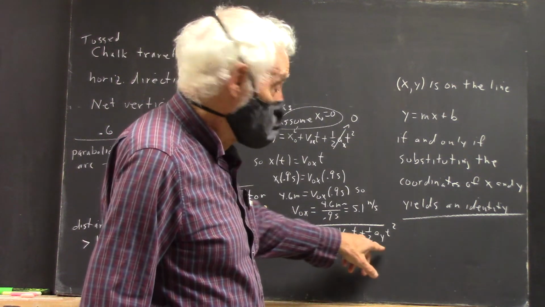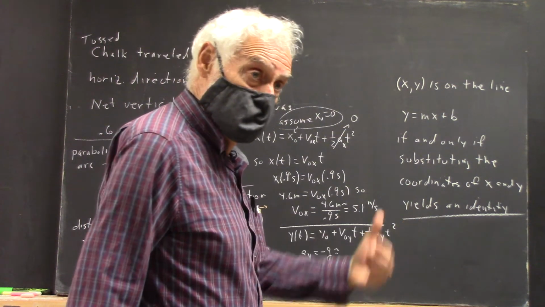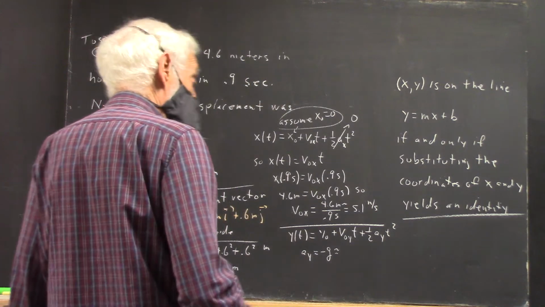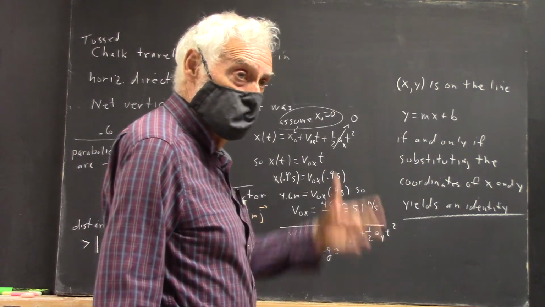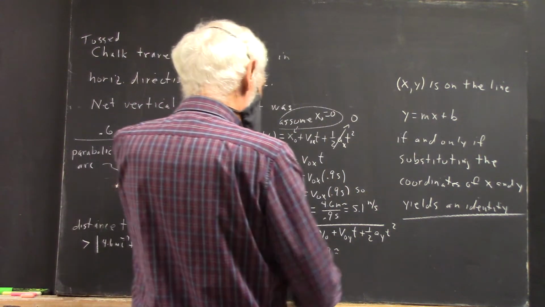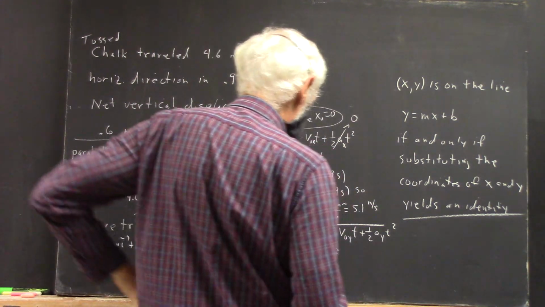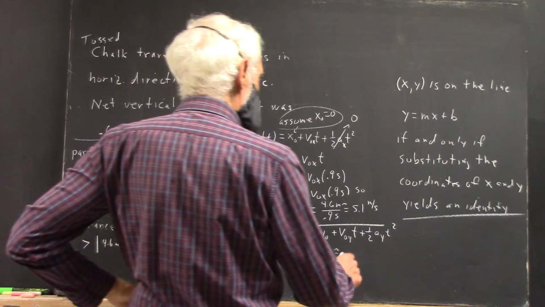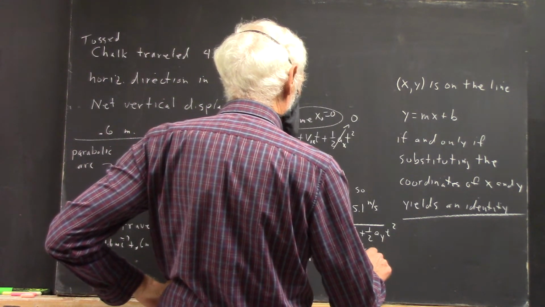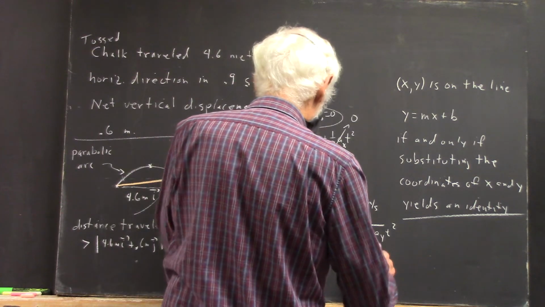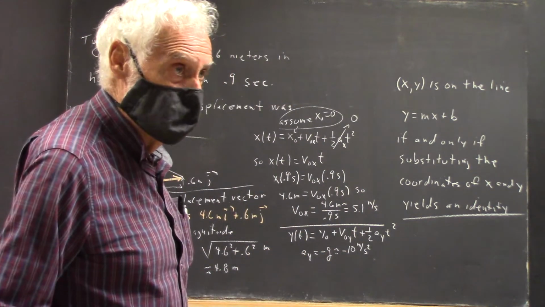That changes this term by 2%, so take 2% off. That's easy to do: you just double your result and put the decimal in the right place and make sure your intuition's right. That's handy. But anyhow, I'm saying g is approximately negative 10 meters per second squared, because the magnitude g is approximately 10 meters per second squared.